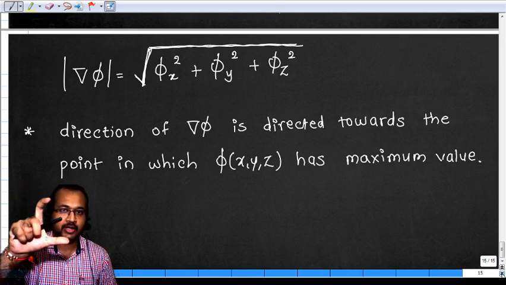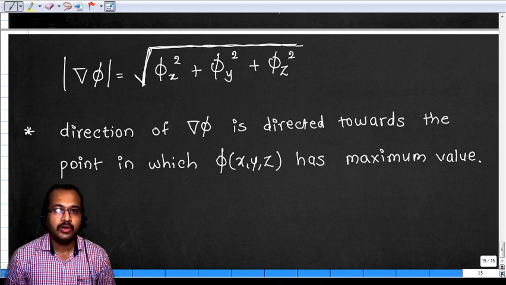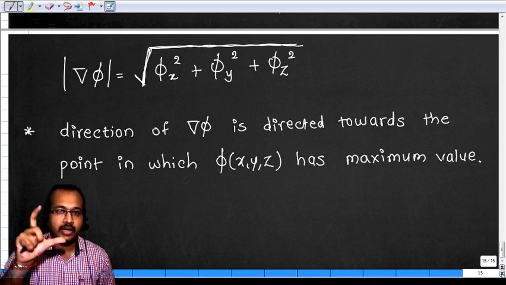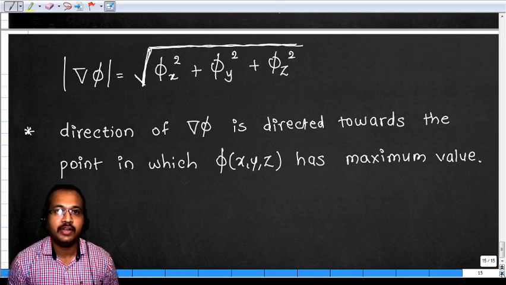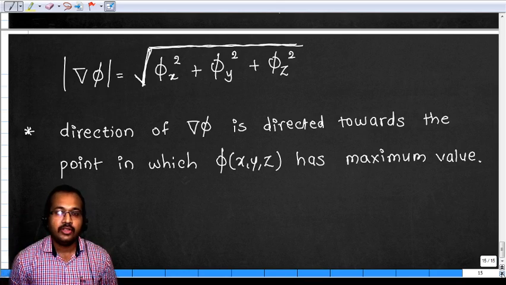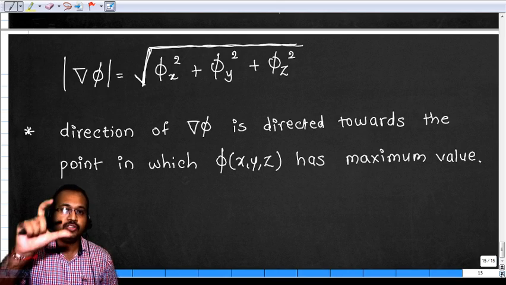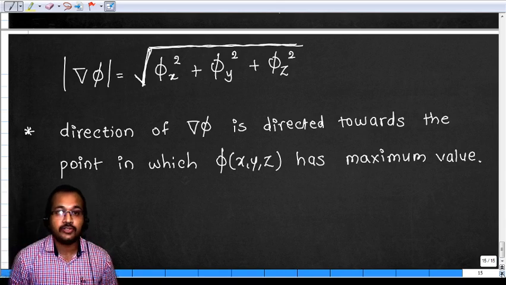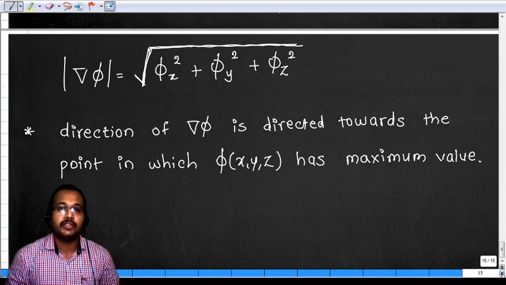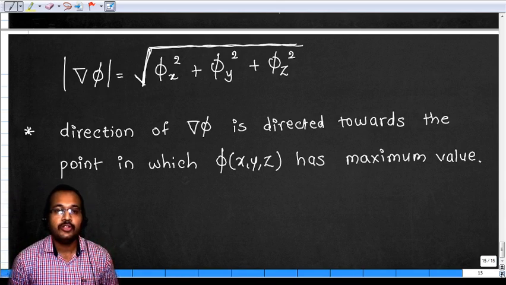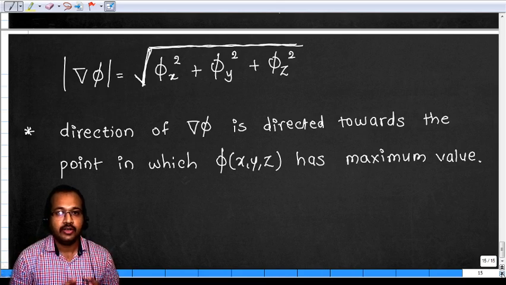That will be a vector which has a magnitude of del phi equal to the square root of the sum of squares of these partial derivatives with respect to x, y, and z respectively. Then the magnitude of that gradient vector at that point A will give the maximum rate of change of air density possible at that point A. And the direction of this gradient vector will be directed towards the surface of the earth, because the value of air density is maximum towards the surface of the earth. So this is the geometric interpretation of the gradient of a scalar function.